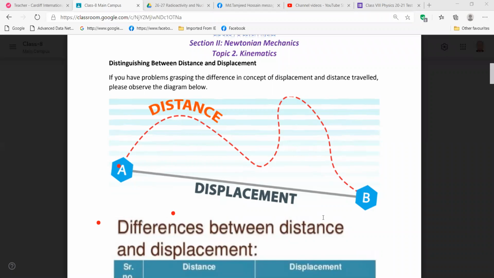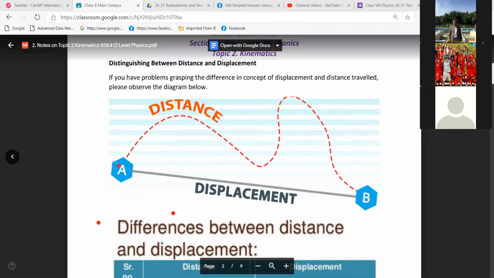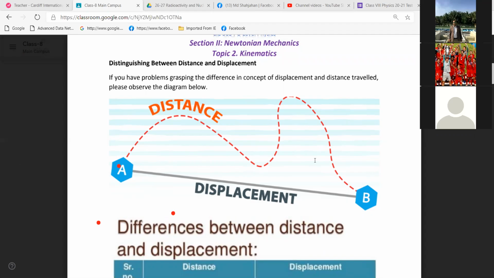From one side to another side, you are going by walking, straight, without changing any direction, whether walking or running or any way you are going. That one is your displacement, in a fixed direction. Is it clear? If we go in a fixed direction, then it is displacement. Yes, correct.